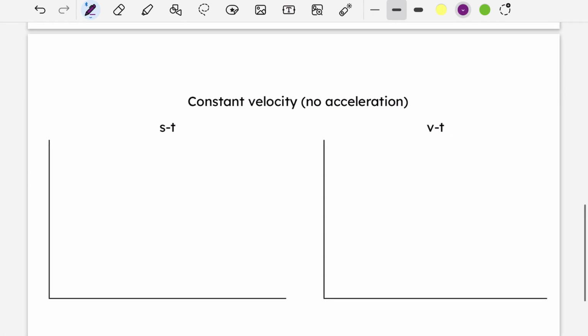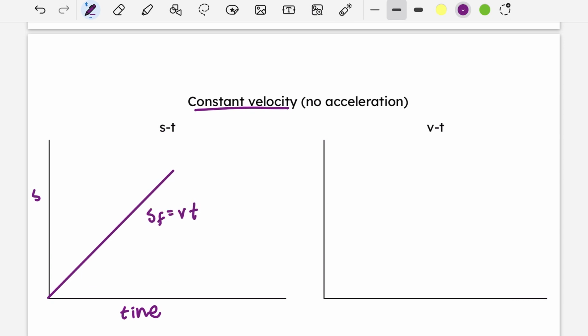Well, so far, we've seen graphs with constant velocity. We've seen time and displacement where it makes a linear line, and we have come up with a formula for that. Final displacement equals velocity times time plus initial displacement, and we've recognized that the velocity is going to be the slope of this graph.